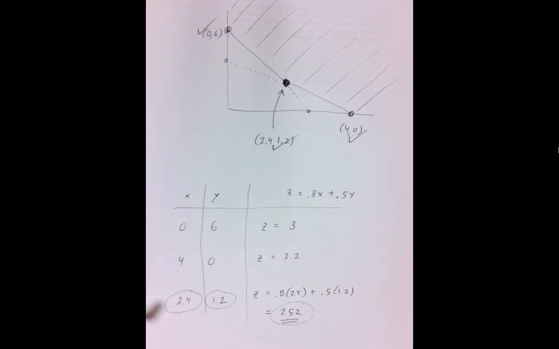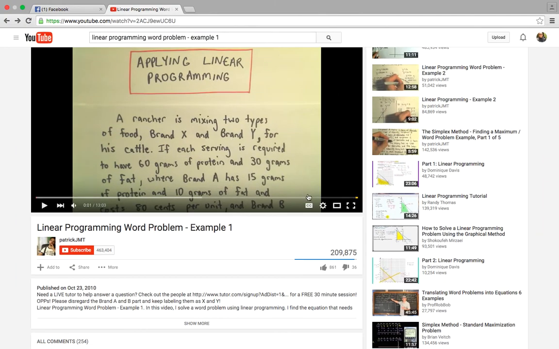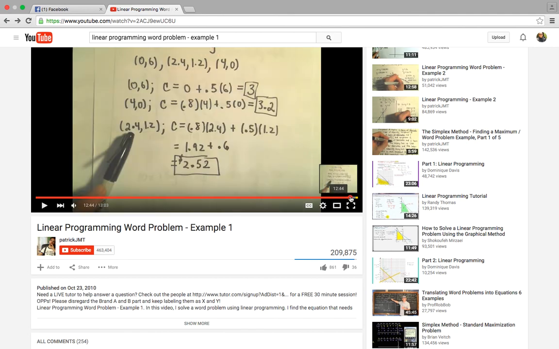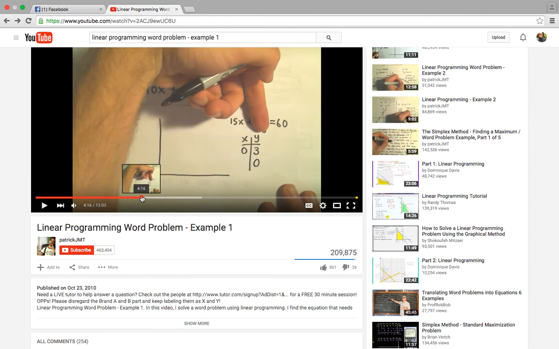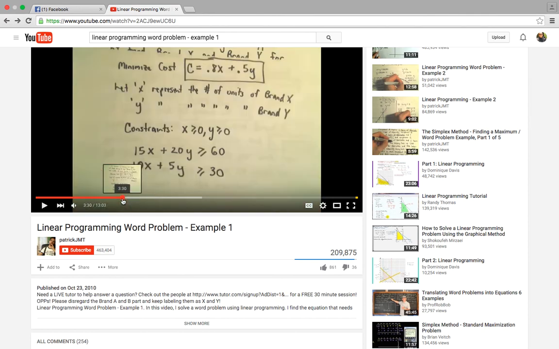Okay. Now let's go see what he got. Wouldn't it be kind of wacky if he ends up with a different solution than me? You can see that he gets 2.52 as well. Now, we start out the same, and you're going to see a lot of similar stuff in terms of constraints and the objective function.